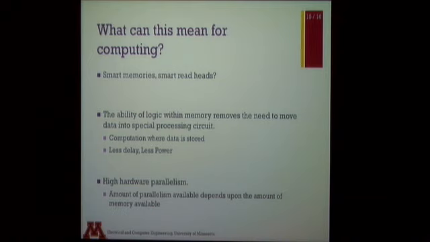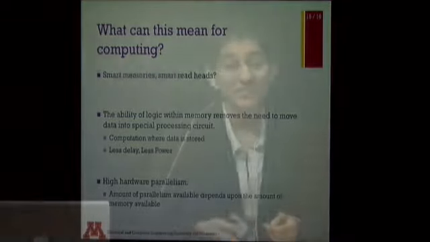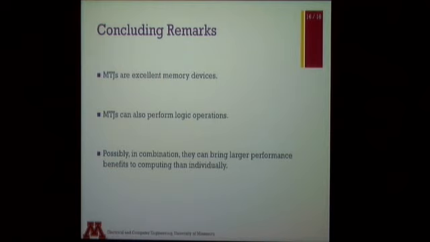The parallelism depends on the amount of memory available. But that's just the NAND operation. Let me conclude by saying that MTJs are excellent memory devices, and we'll hear a lot about them in this workshop. But they can also perform logic operations, and therefore, together, they could bring more performance or more functionality than individually.